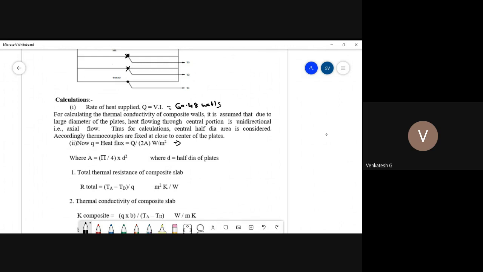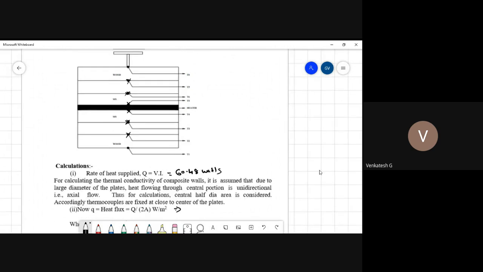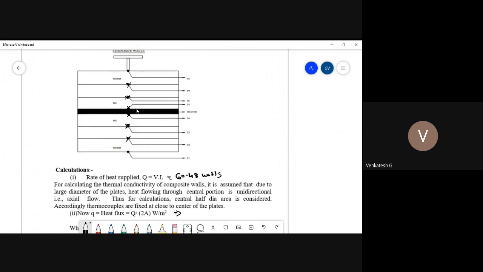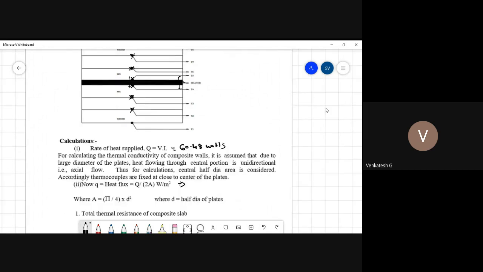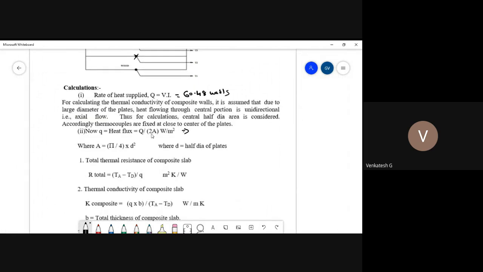Why are we dividing by 2? Here we supply the heat to the top side as well as the bottom side, so we divide the total heat into two parts, the upper plate as well as the lower plate. That's why we take the 2 here.